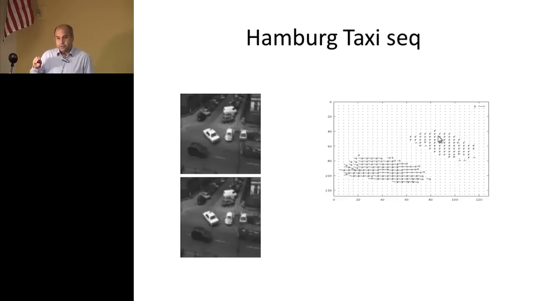In the old days, it used to be very difficult to get these pictures and videos, because cameras were not that good, and video was very expensive. So this was the first sequence which Hans Nagel's group recorded, digitized and made available. For a long time, this was a standard. If you develop any algorithm, you have to apply it to this one and compare with other methods. So that's what's called Hamburg taxi.